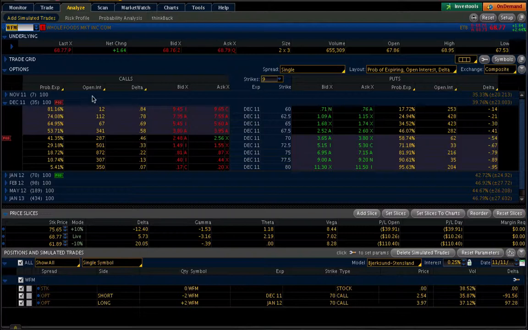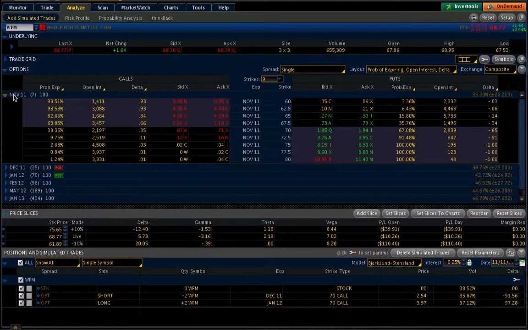Now, the open interest is at 287. I don't like it really, but it's not too bad, because as time goes on, and we got 7 days to expiration in November, you can see it's like a couple thousand for open interest. So I should be able to get rid of them pretty easily.